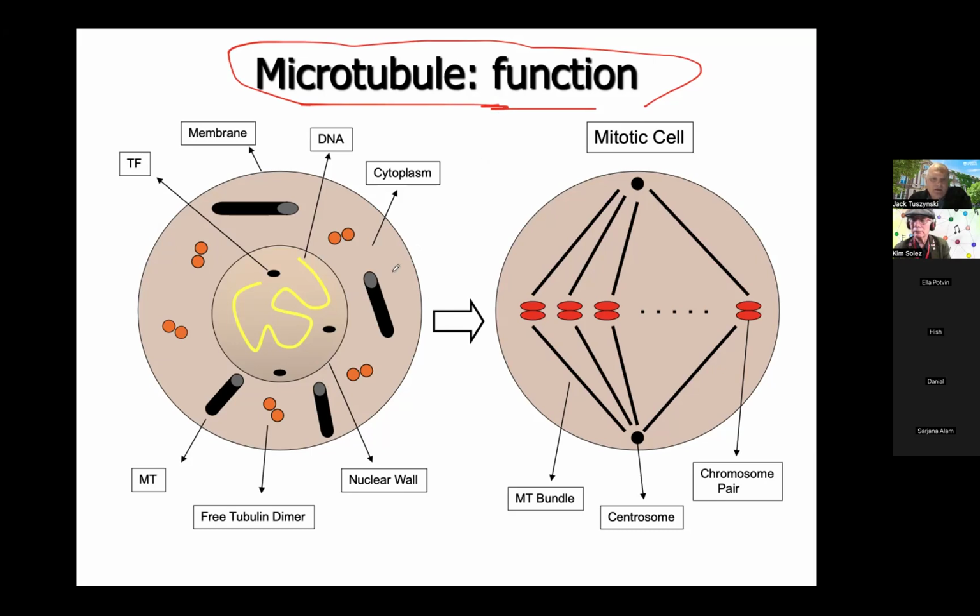So here's a microtubule. That's a cartoon of a cell with a nucleus, and tubulin is the building block of microtubules. This is a mitotic cell. Cell is dividing. You have the chromosomes in the middle plate, and microtubules connecting the centrosome and the kinetochores, orchestrating cell division with very beautiful perfection in normal situations.